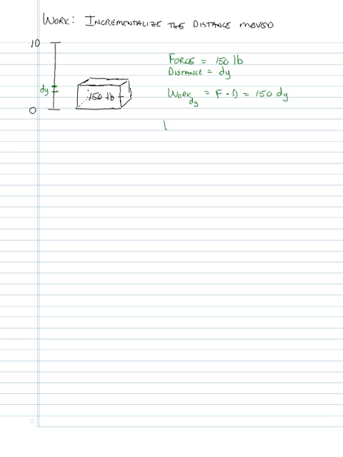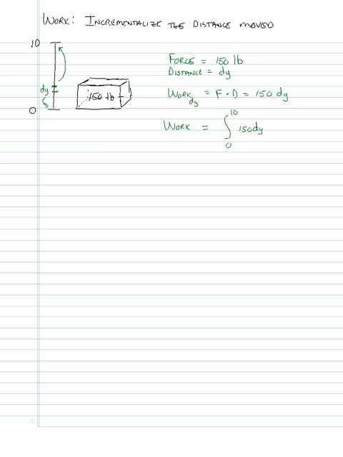Now, the total work then to lift the object all 10 feet instead of an infinitely small amount, the total work, W, would be the integral of 150 dy. This time we're going from 0 to 10 feet. See, we're lifting from 0 to 10 feet because we're starting these dy's way down here and we're moving through clear up to here.